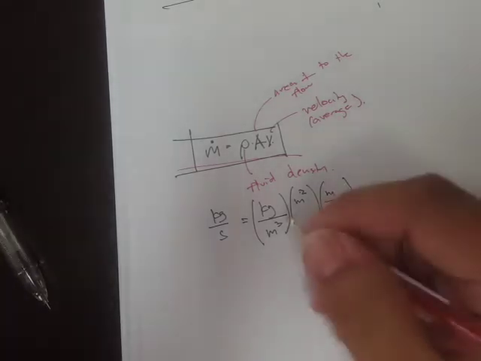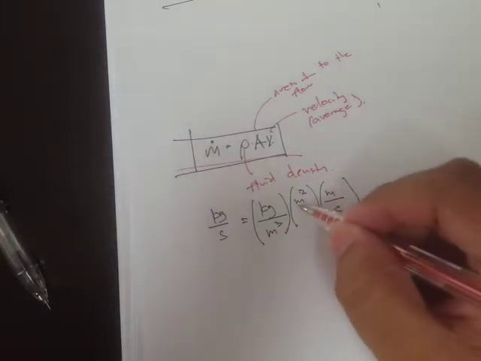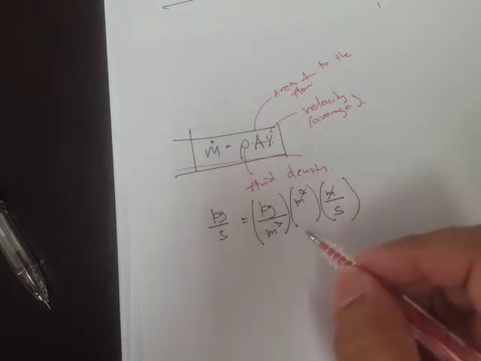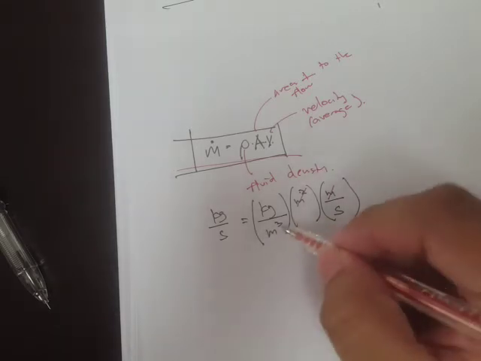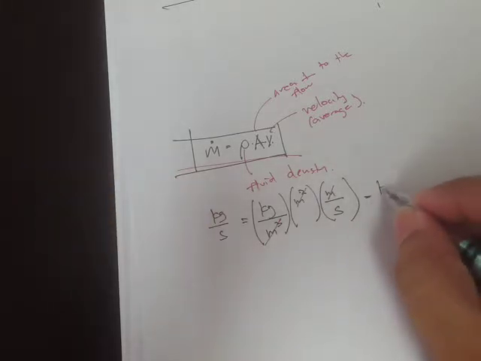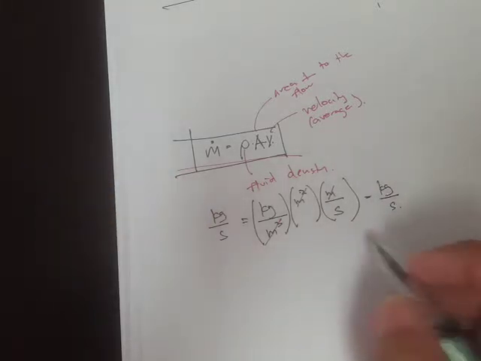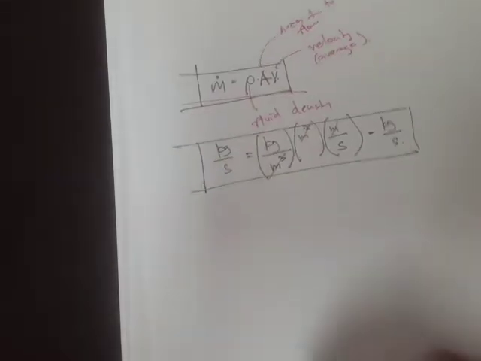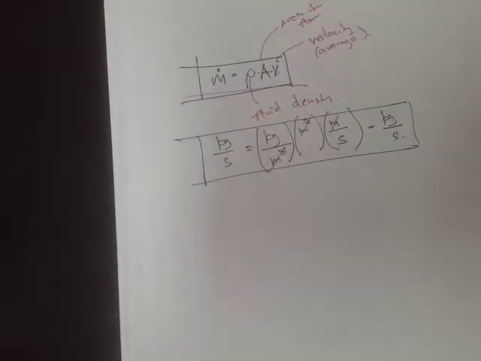Since we have m squared and m in the numerator, and m cubed in the denominator, we can cancel these out, and therefore we have kilograms per second. So that's the mass flow rate. Now, how do we know that that's the equation?